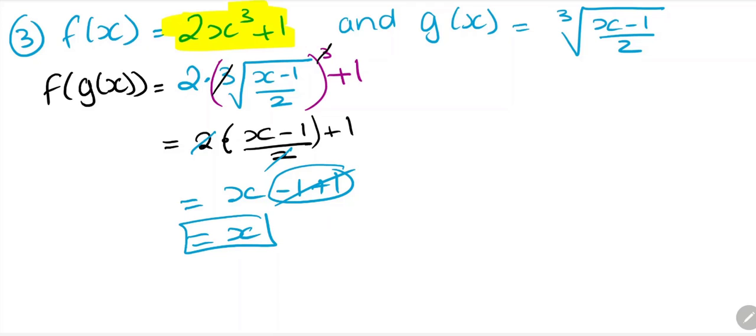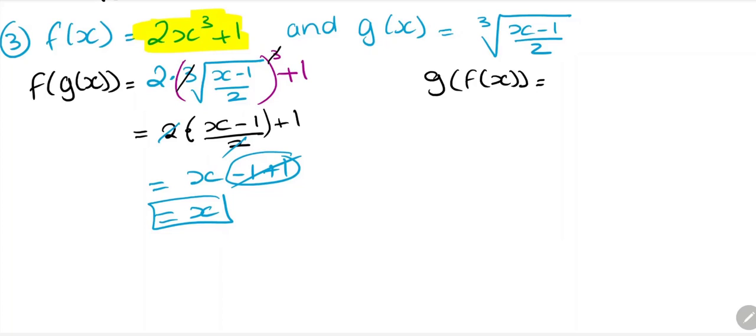So now we need to do it the other way round. So we're going to have g of f of x is equal to, and we need to take the function of g of x, which is going to be the cube root. And instead of x, we need to write 2x cubed plus 1. Then this is going to be minus 1 all over 2.